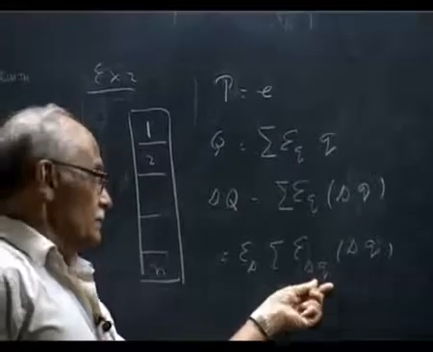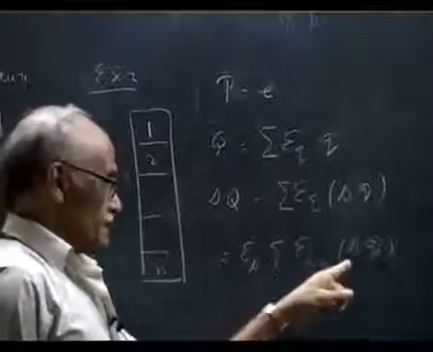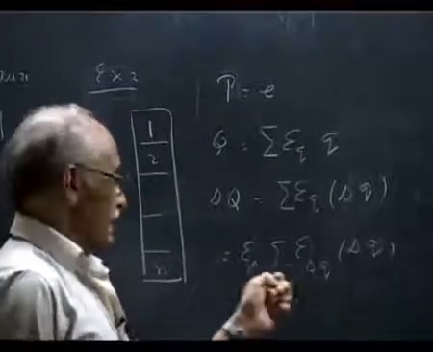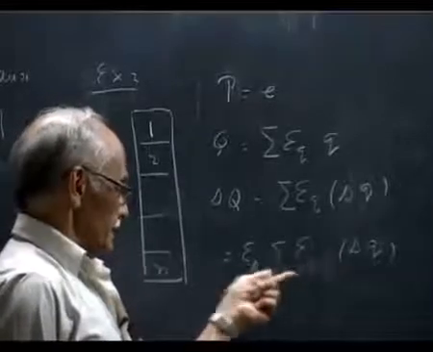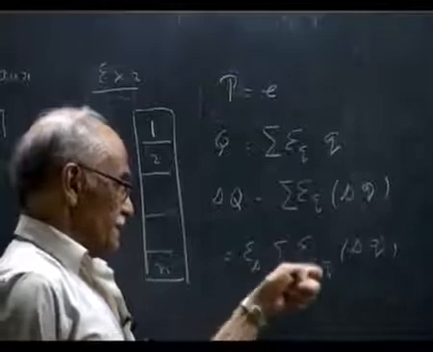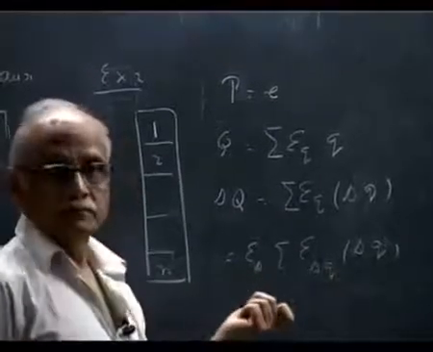If S is odd and Q is even, it should be odd, and so on. So if I multiply by epsilon S, I get back this. Epsilon SQ is epsilon S epsilon Q, and epsilon S squared is 1.